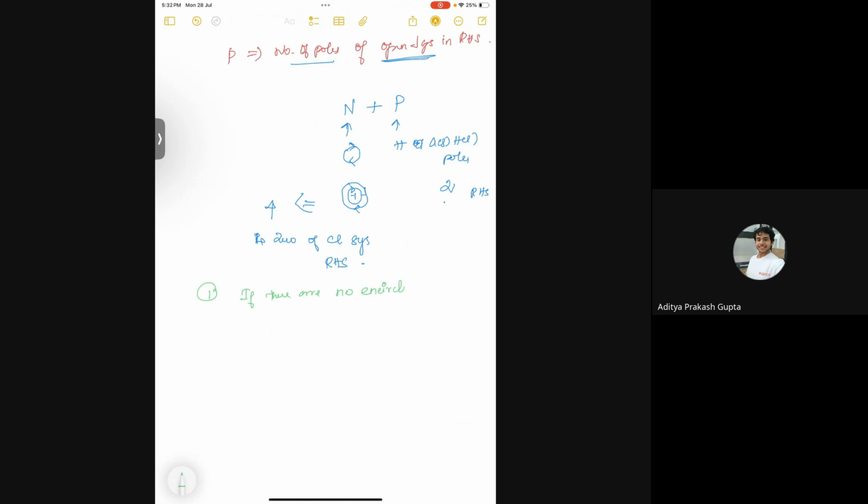If you couldn't see any encirclements around -1 + j0, this implies the system is stable if there are no poles of the open loop system in the right half of the S plane. I can redefine it easily. How I can say it is: if the open loop system is stable, meaning no poles of the open loop system lie in the right half of the S plane.